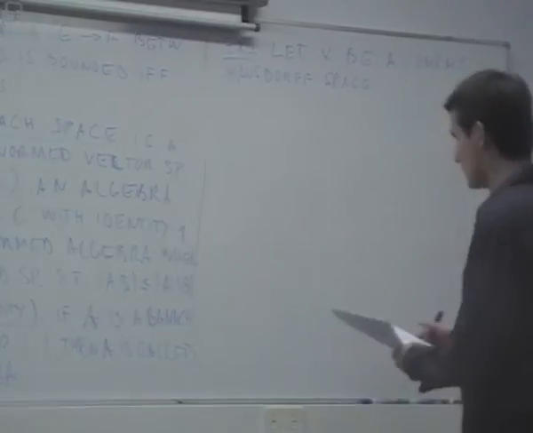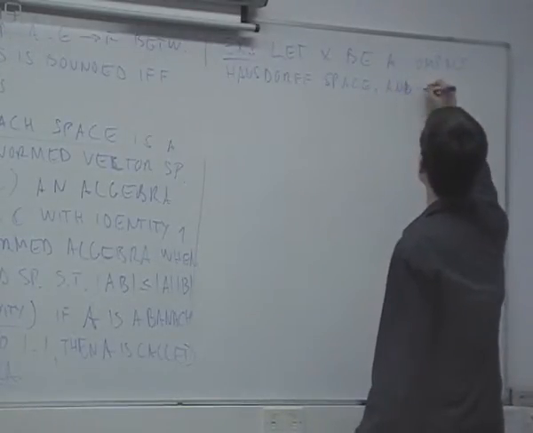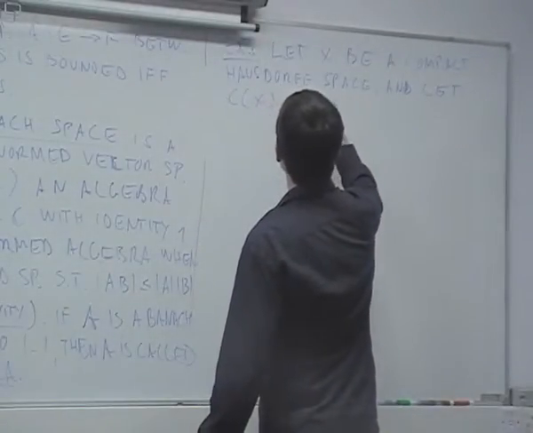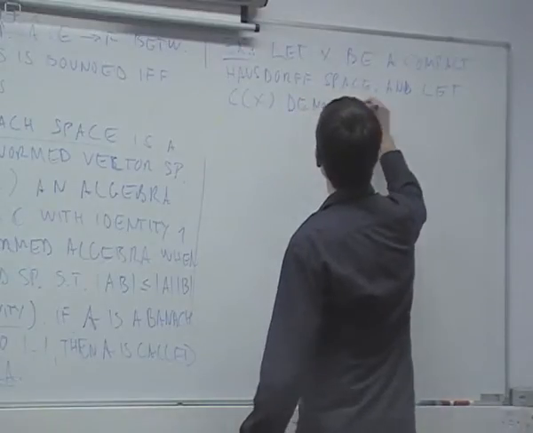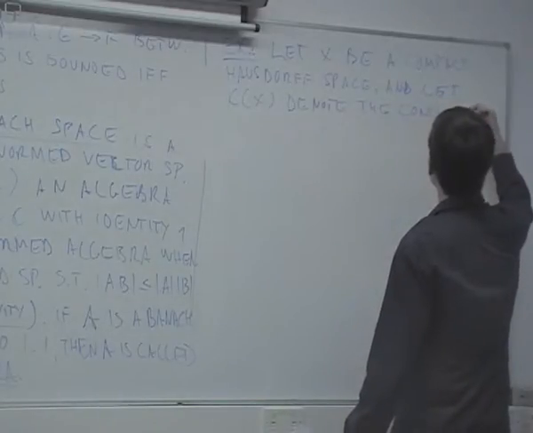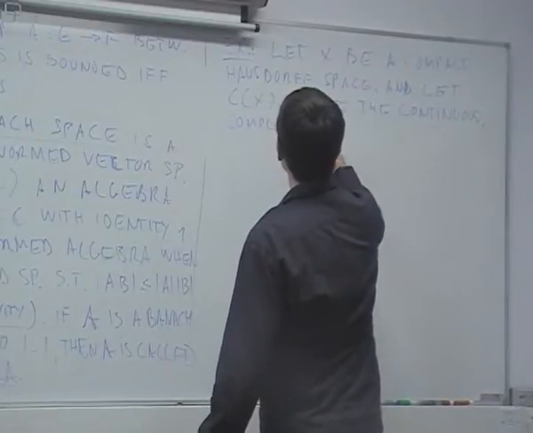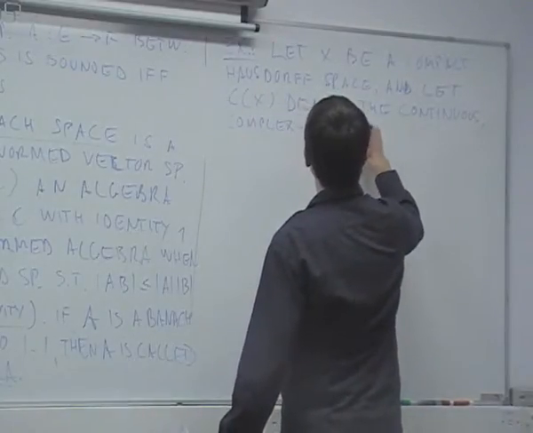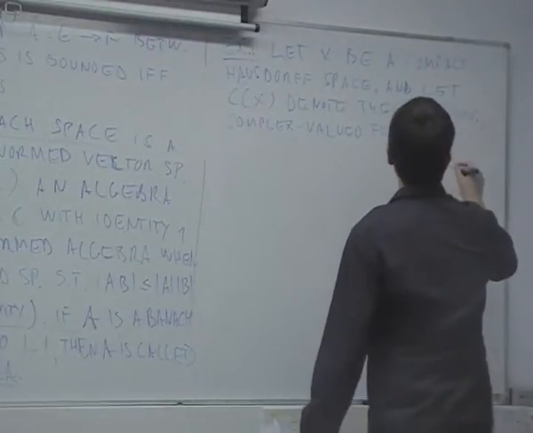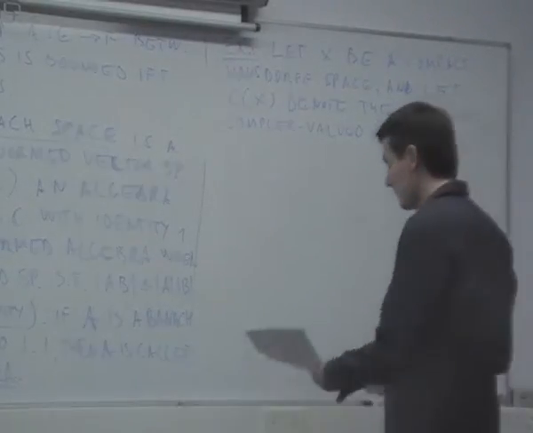So let X be a compact Hausdorff space, and let C(X) denote continuous complex-valued functions on X.